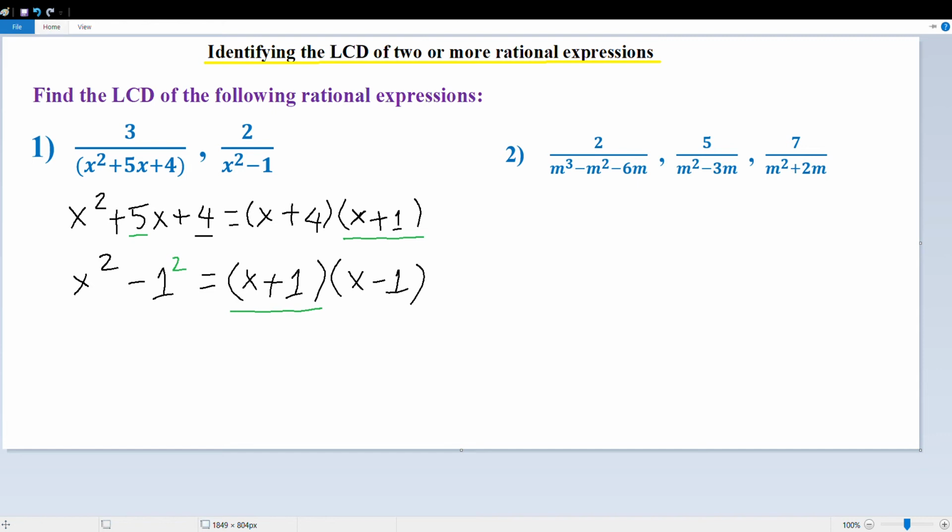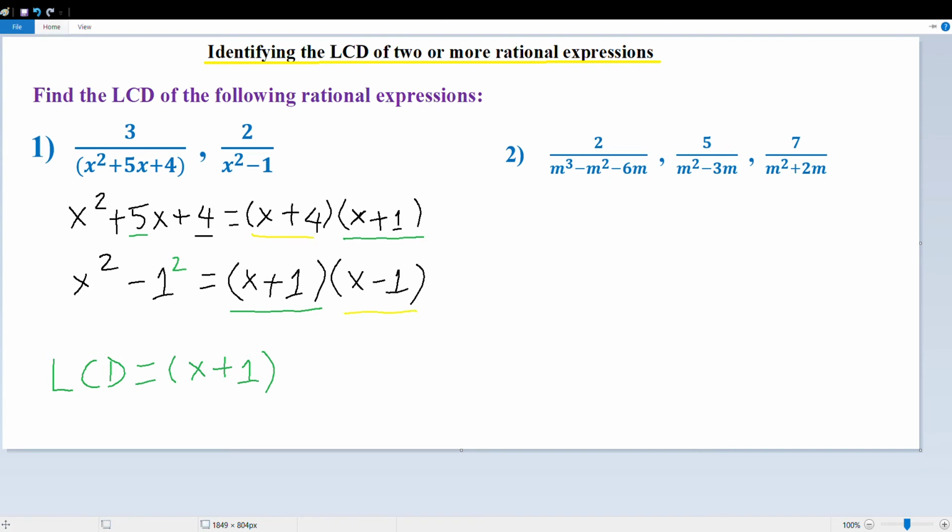So the least common denominator would be, first of all, the common factor. Now there's nothing else common between these two denominators, so we'll just rewrite the remaining factors as well. The remaining factors are x plus 4 and x minus 1.